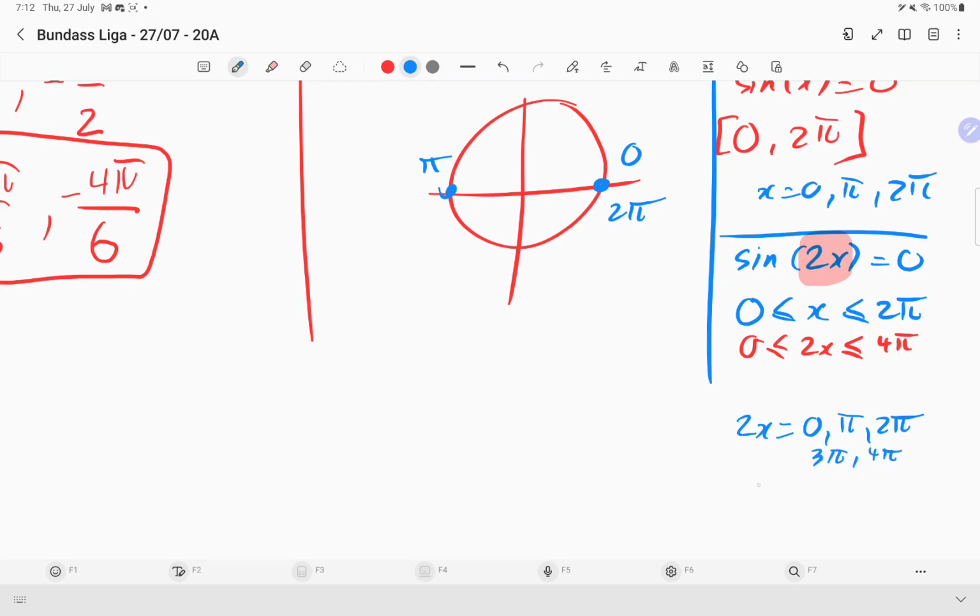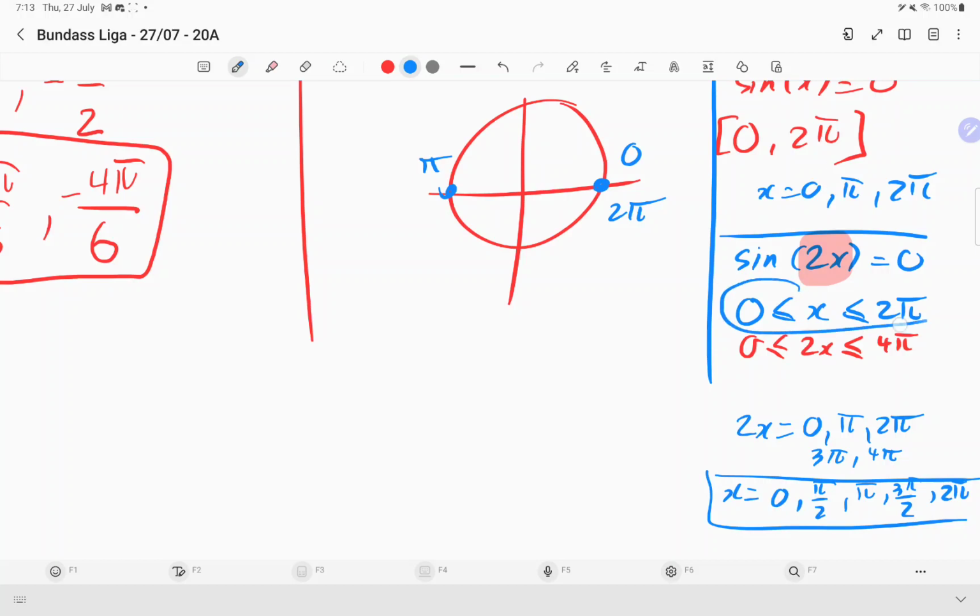When you divide everything by 2, the answers are 0, pi on 2, pi, 3 pi on 2, and 2 pi. So if you solve for 2x, you need to get the domain for 2x. All these answers are between 0 and 2 pi for x, but if you only use the original domain, you only get the first 3 answers, which is not everything.